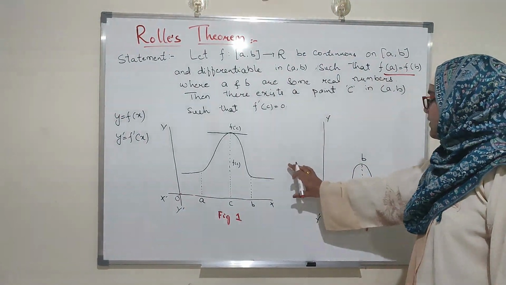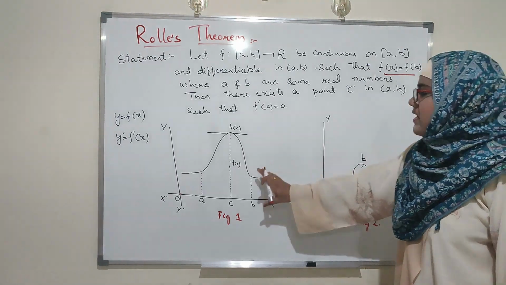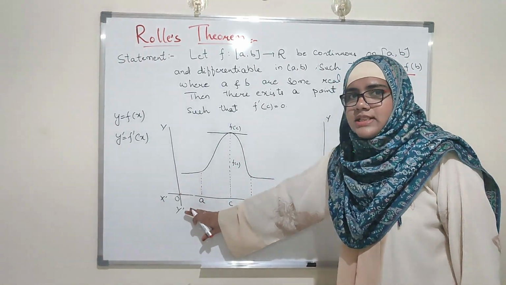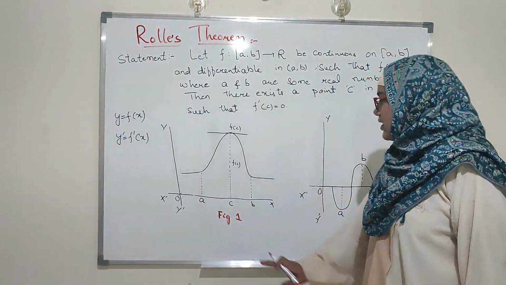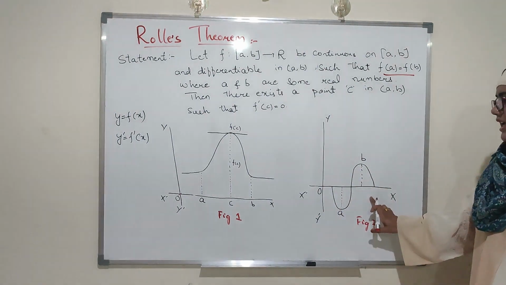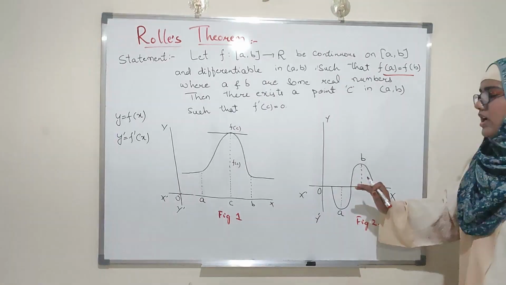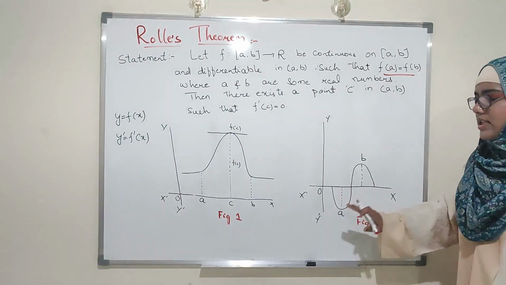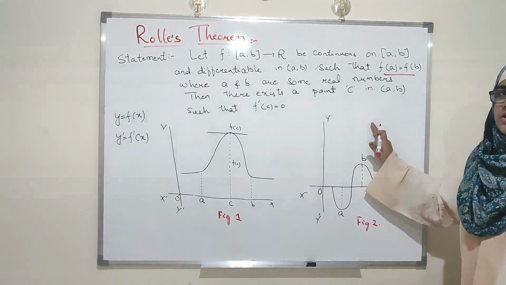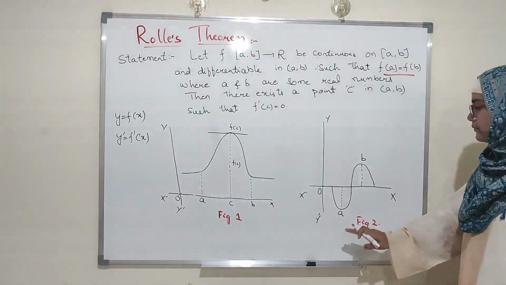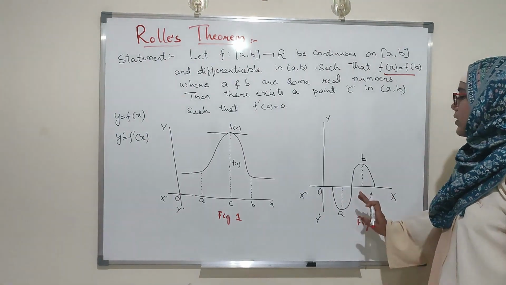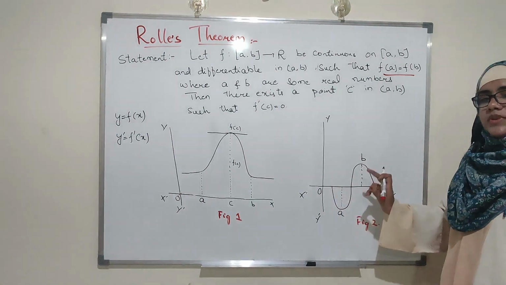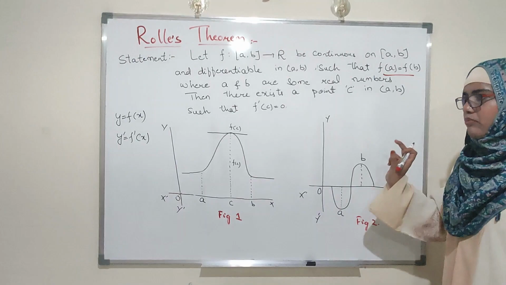So what is different between these two? Here we have A and B on the same axis, the x-axis in the positive direction. In the second graph, we have a point difference. A is on the y-dash axis and B is on the x-axis. Sorry, x-axis. And here also the slope will become 0 at least at one point.